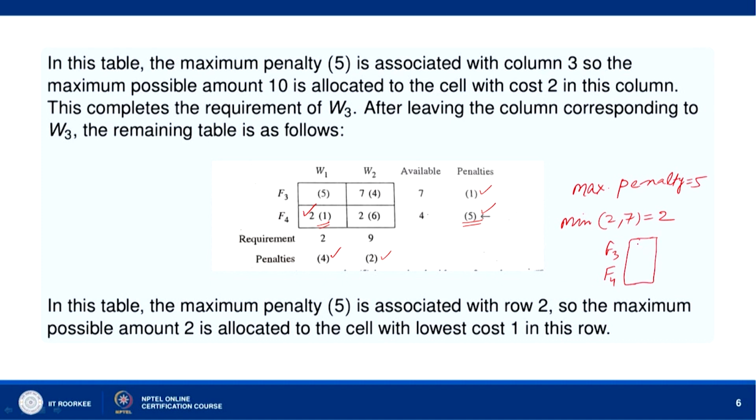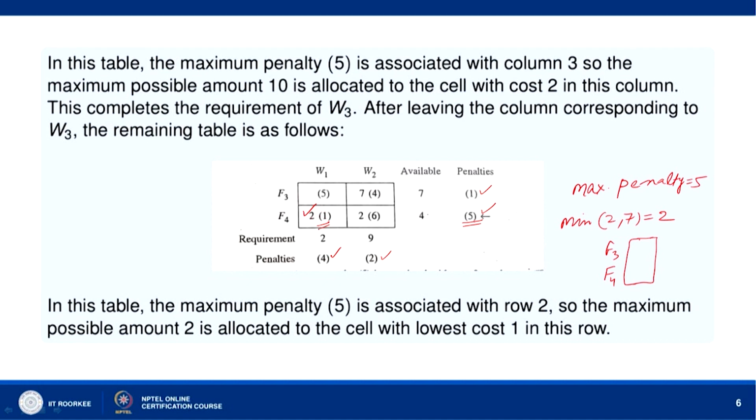So, from 4 we have given 2. Maximum penalty was 5, and this cell has got the lowest cost 1.